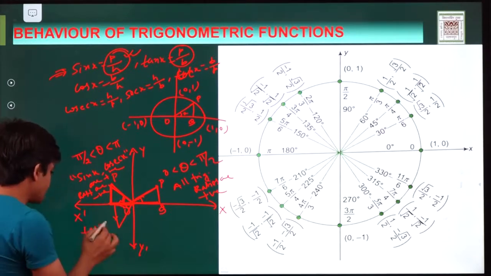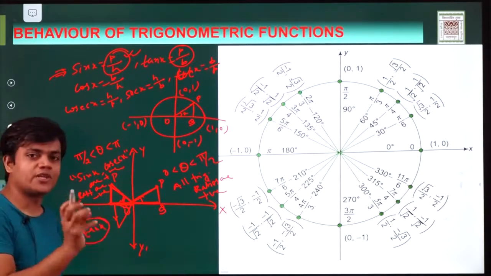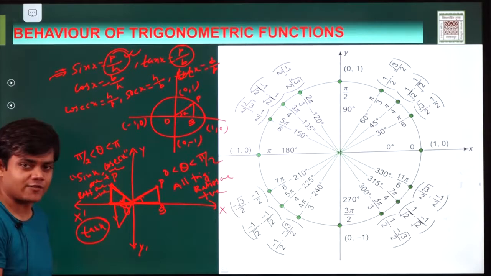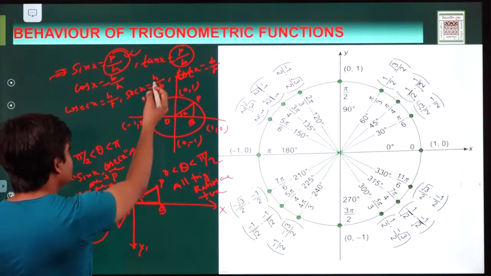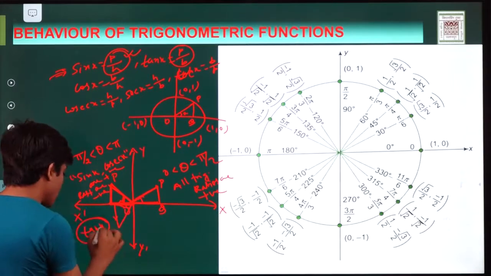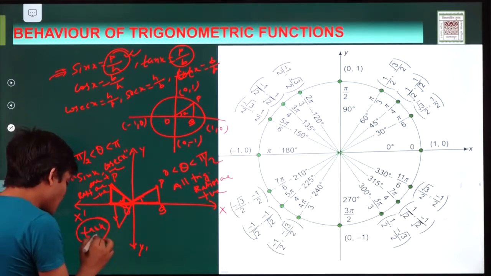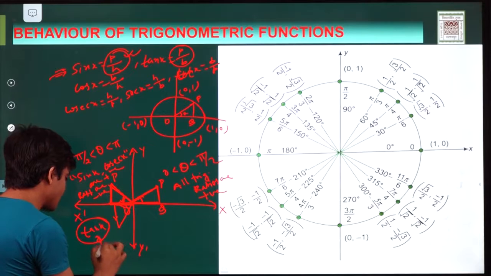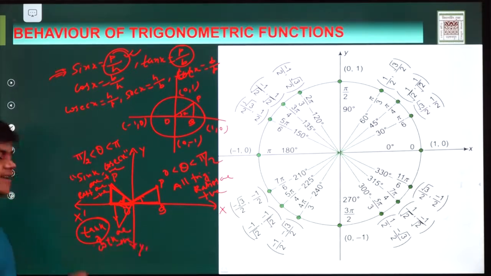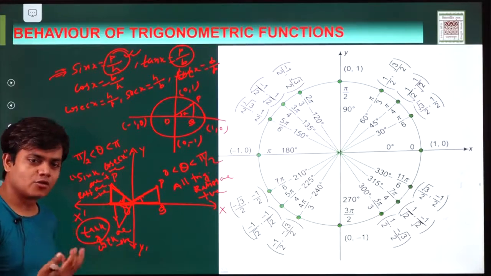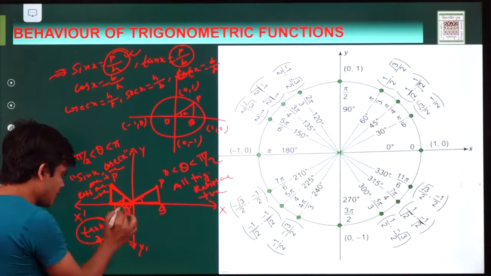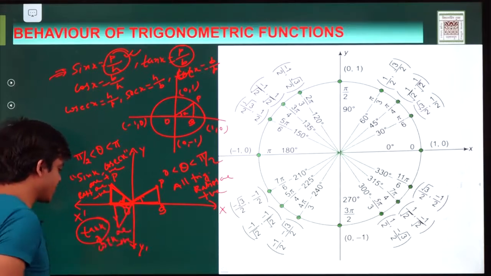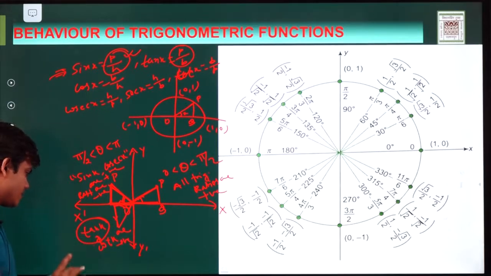Okay, so in tan x we can see it is the ratio of P and B, both are negative, therefore it will be positive. And cot x will be positive also. Why? Because tan x is P by B. P is in the negative direction, B is in the negative direction, therefore negative, negative, positive.